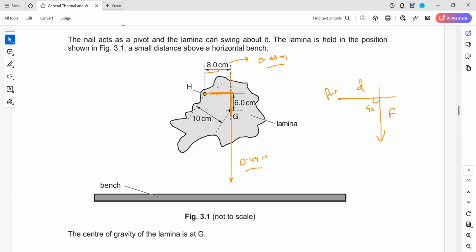So force is 0.49 and the perpendicular distance is 0.08. So the moment will be 0.49 times 0.08. That will be newton meters. So 0.49 into 0.08, that is 0.039 newton meters.